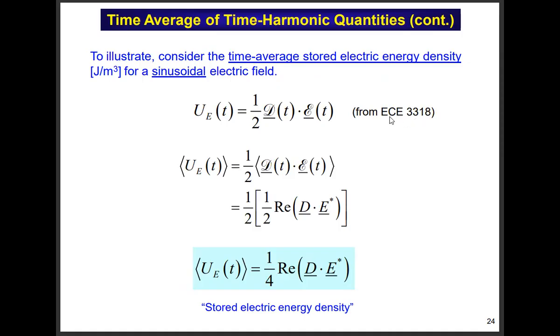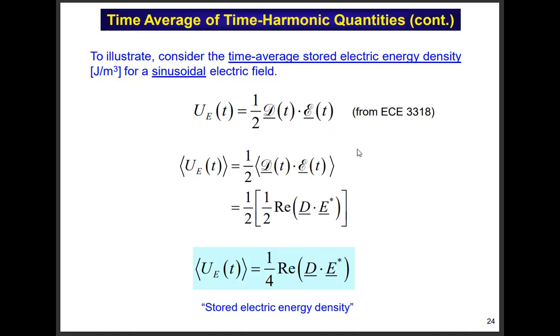In that class, we learned that the energy density stored in an electric field, in joules per cubic meter, is 1/2 D dot E. So maybe you have a capacitor, like a perovskite capacitor, you charge it up with a battery, it's got an electric field between the two plates, it's storing energy. The energy density in joules per cubic meter is given by this formula here, 1/2 D dot E.